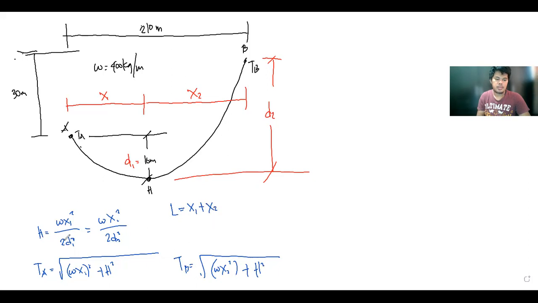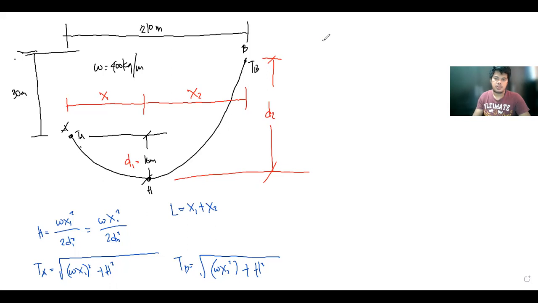Anyway, we'll try to identify first the variables.